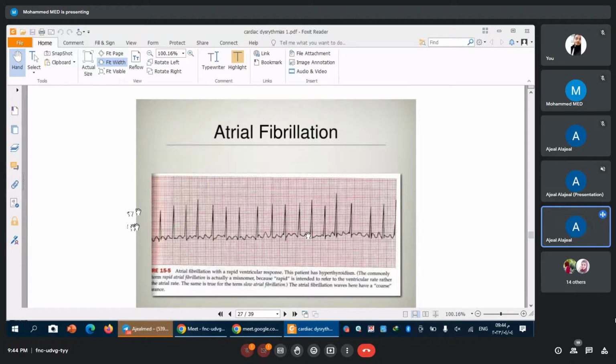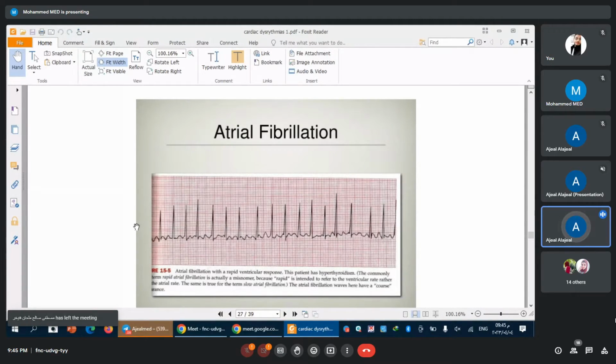And once the heart resumes a normal cardiac cycle, the atria will start contracting and the thrombus will be dislodged and pumped into the ventricle, and from the ventricle it will go to the cerebral artery, causing a stroke, a CVA, which is a very big problem.